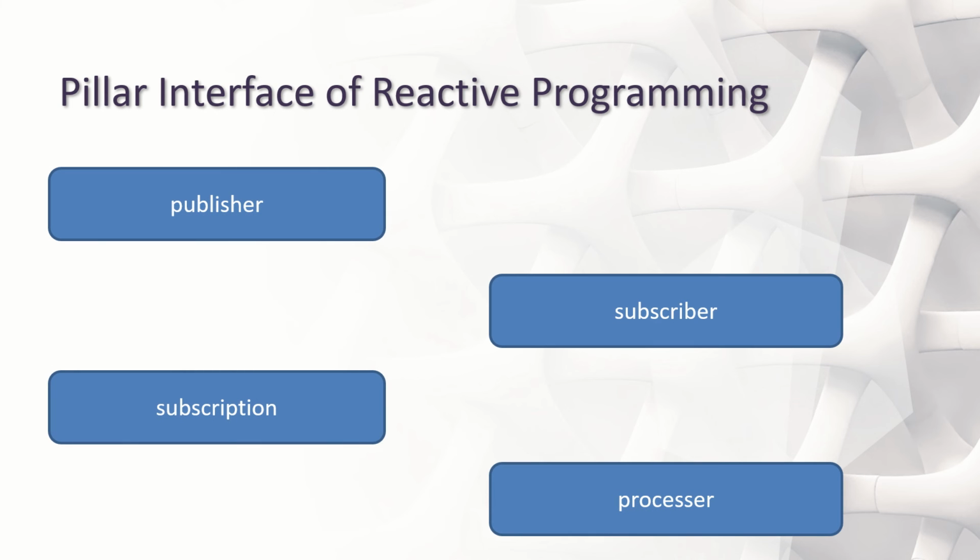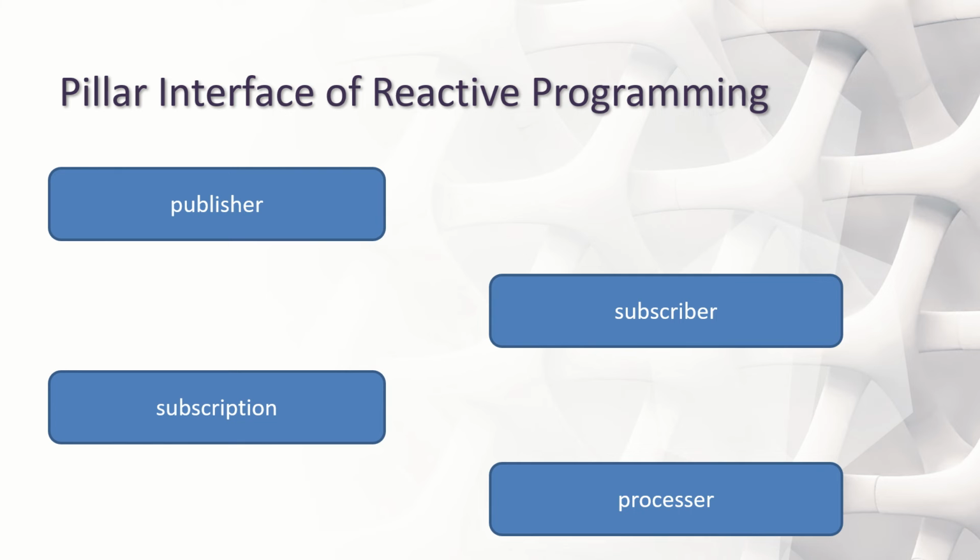So I have noted down here the four pillar interfaces of reactive programming. You can see they are publisher, subscriber, subscription, and processor. So these are the core interfaces of reactive programming.